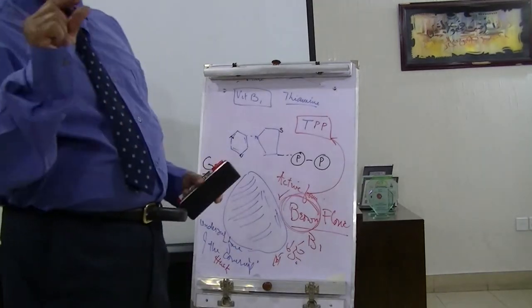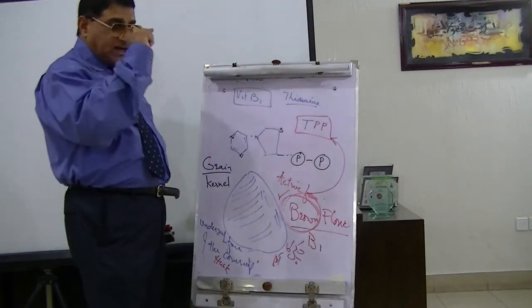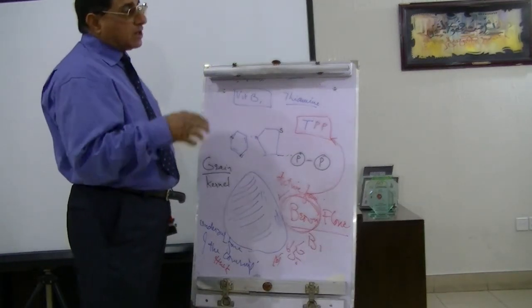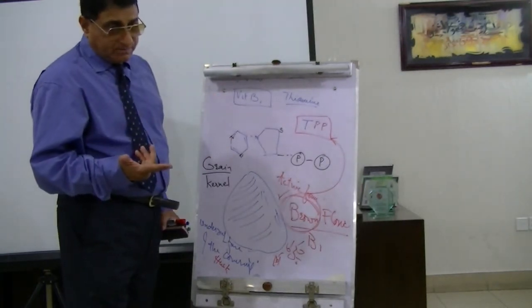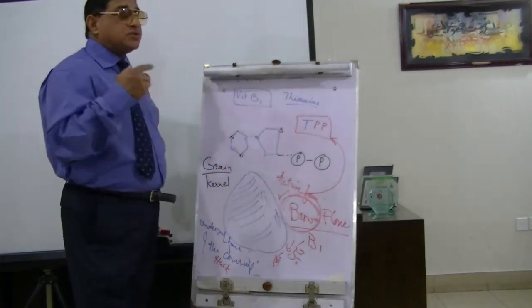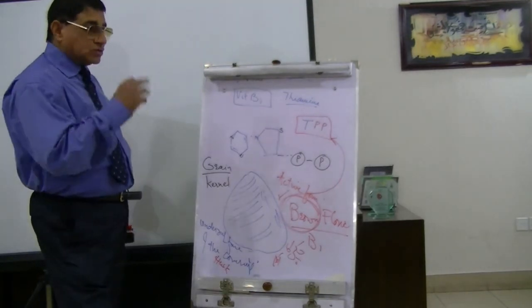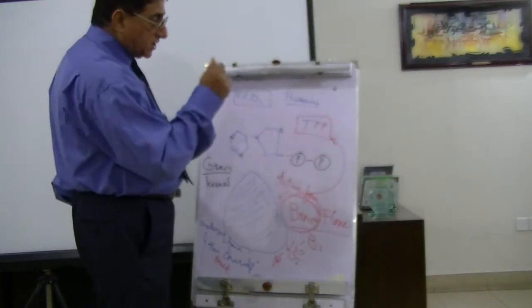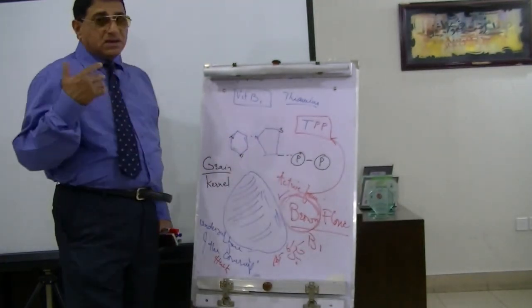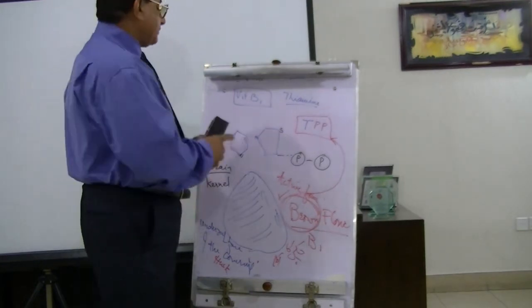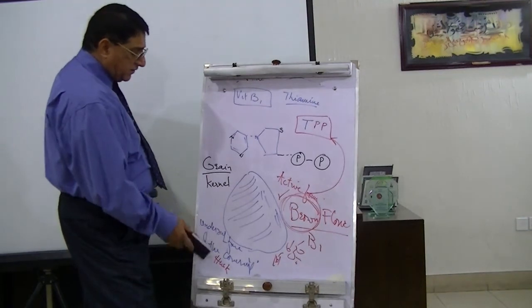Be it wheat grain, barley, maize, oat, इन सब के जो छिलका है उसकी अंदर की तरफ B1 होता है. तो अगर आप उसका छिलका उतार देते हैं और आप व्हाइट फ्लोर निकाल लेते हैं या चावल का हस्क उतार लेते हैं, पॉलिश राइस करते हैं, तो उसका जो कवरिंग तो उतर गई, उसके ऊपर जो ब्राउन अंडर सरफेस थी वो भी उतर गई, तो B1 सारी उतर गई. And what you are eating is a diet without B1. So B1 is present in the undersurface of the covering of the grain.